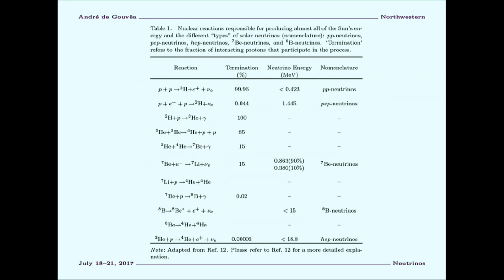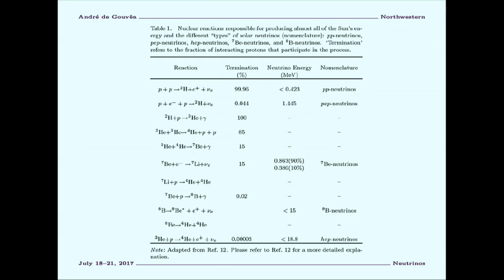So the sun shines by proton fusion. There are enough protons there and enough heat to make protons ultimately combine into helium-4. This happens through a series of steps. All that we care about is that it starts out with proton-proton going into deuteron plus a positron plus an electron neutrino.